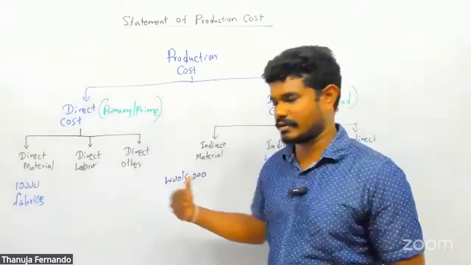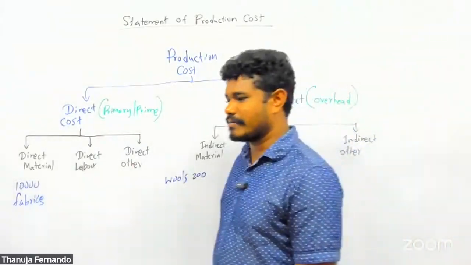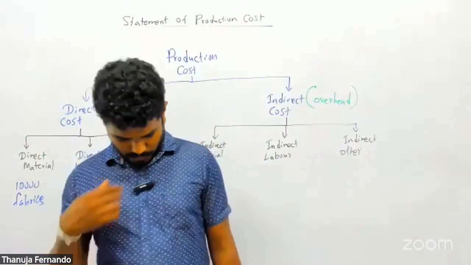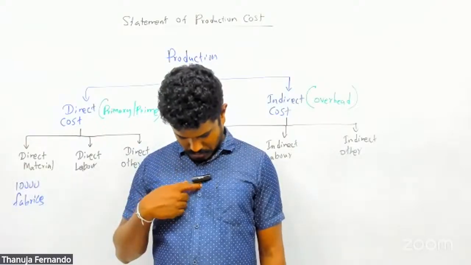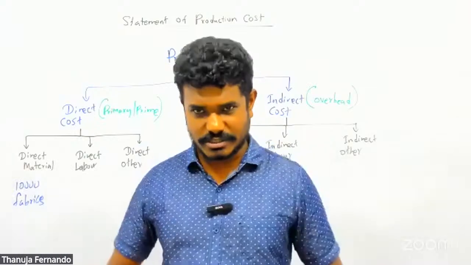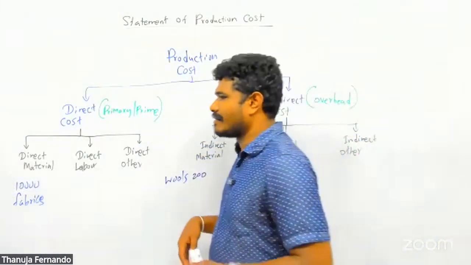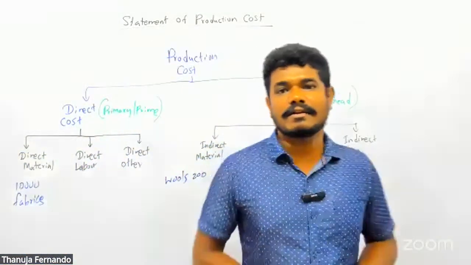It directly affects the shirt: we need buttons. Let's say for this one we need 1, 2, 3, 4, 5, 6, 7. There are 7 buttons in my shirt. So for 100 shirts, it needs only 700 buttons.